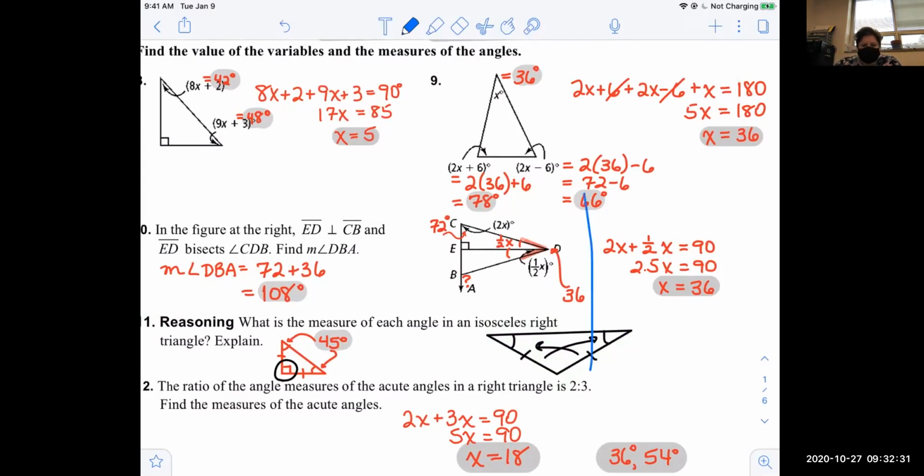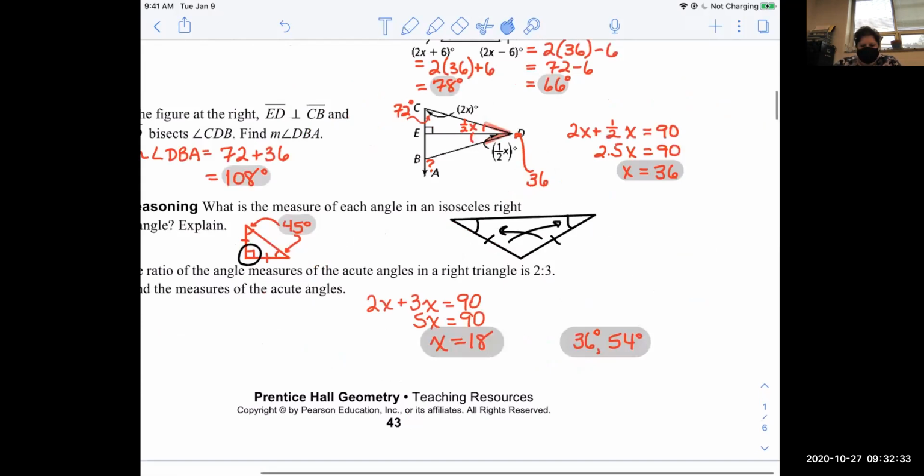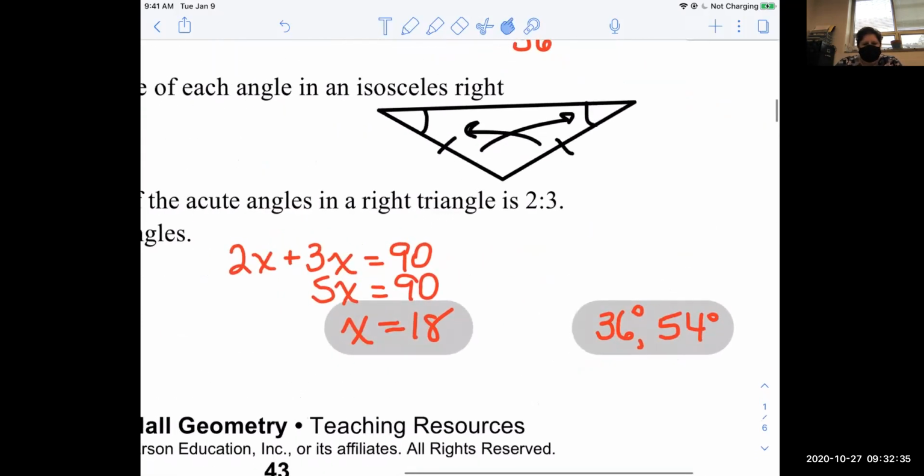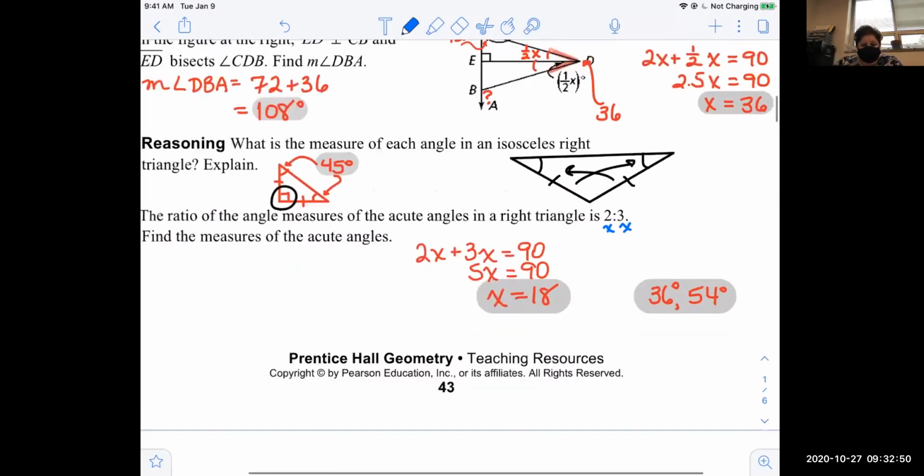Okay, the ones that are ratio, that's like the one I did on the other thing. The ones that are ratios, you're just going to throw an X in there because it's saying that when you simplify it, it'll simplify down to 2 to 3. But there's some common multiplier. That's what makes the ratio 2 to 3. There's some common multiplier where you could scale it up by that factor and make it work out correctly.